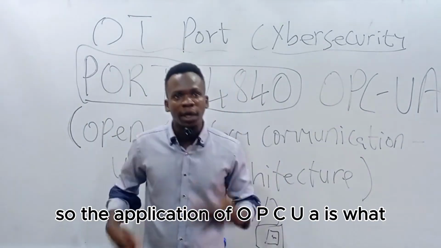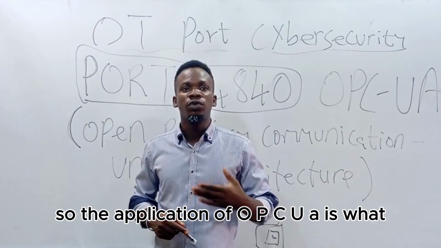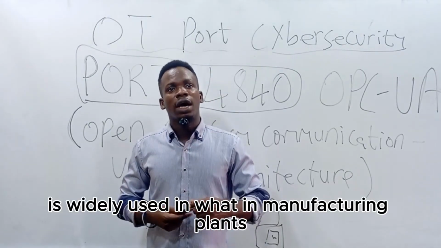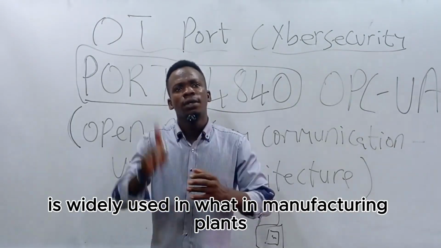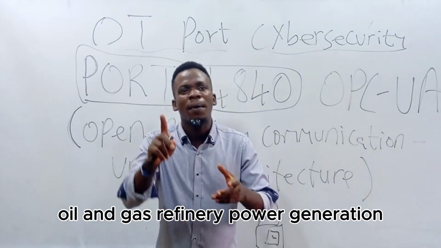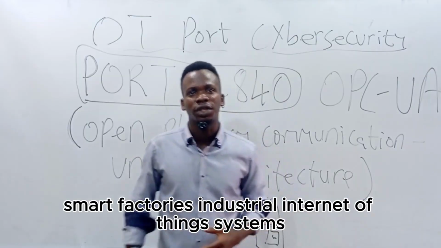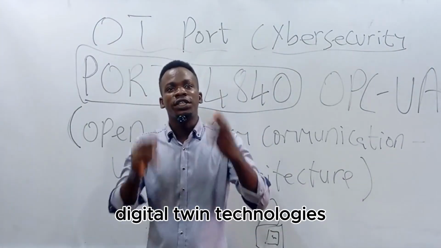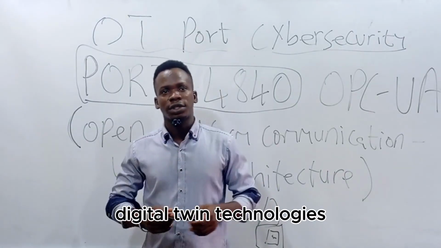OPC UA is widely used in manufacturing plants, oil and gas refineries, power generation, smart factories, industrial internet of things systems, and digital twin technologies.